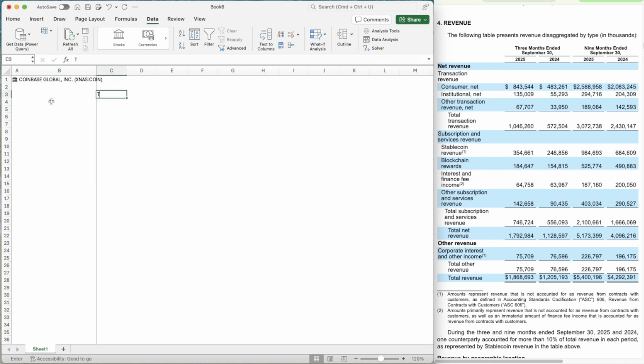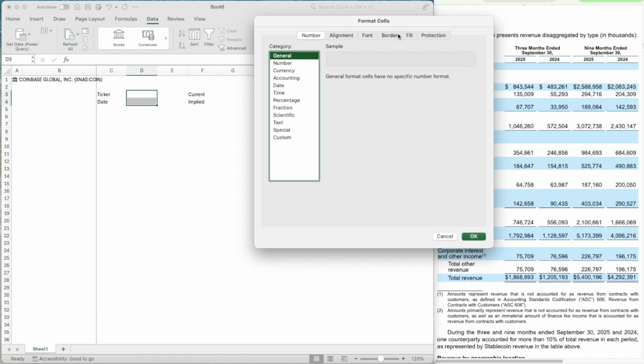So here, let's go ticker, date. We want to know the current price, the implied price, and whether there's any upside or downside. We just do a bit of formatting.